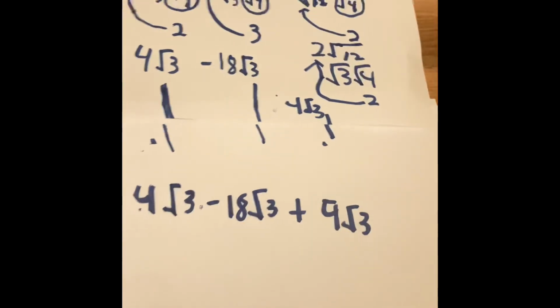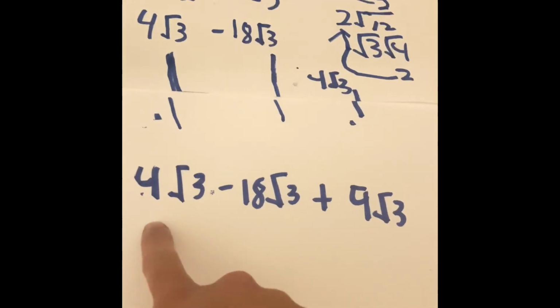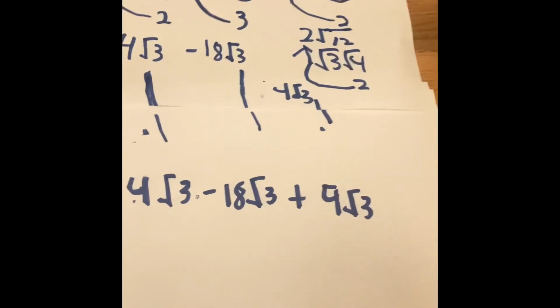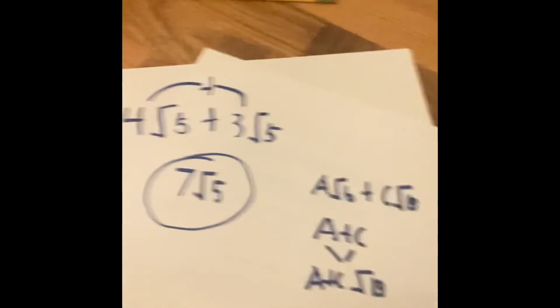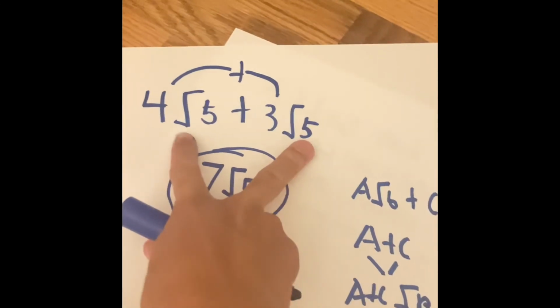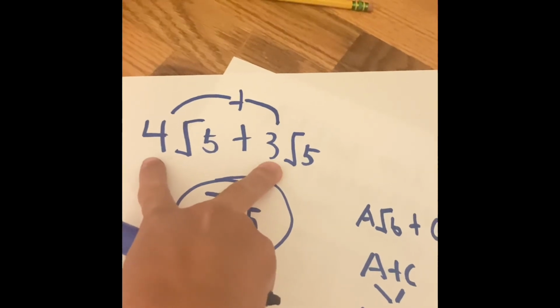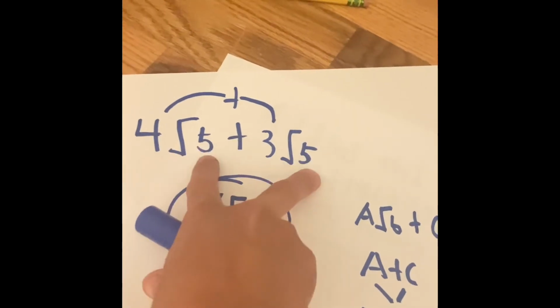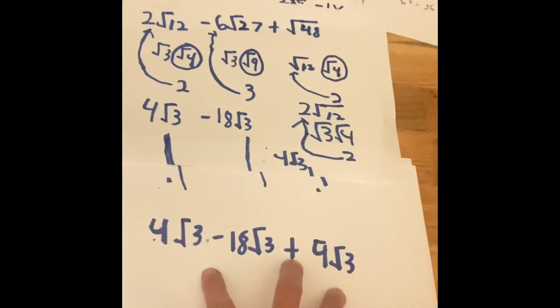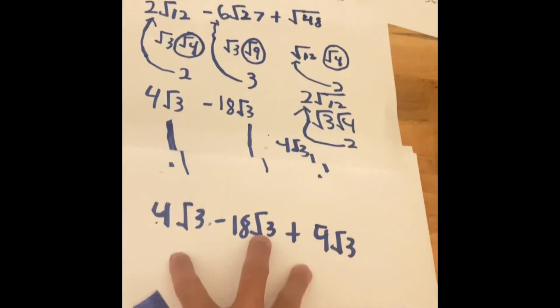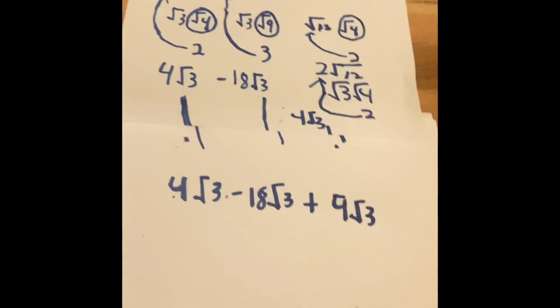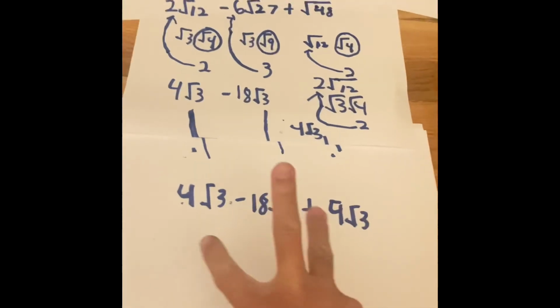So let's see what happens. Going back from the very first scenario, we can add and combine like terms with the square roots if they have different or the same multipliers and the same square roots. So we have the same square roots and we have multipliers. So now we can easily combine like terms and add the 3.